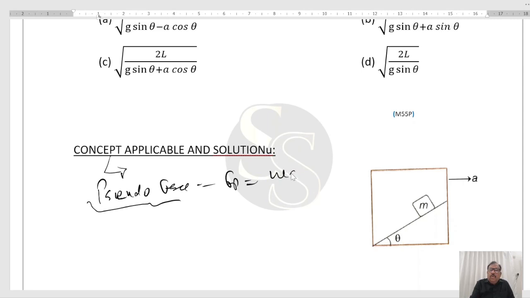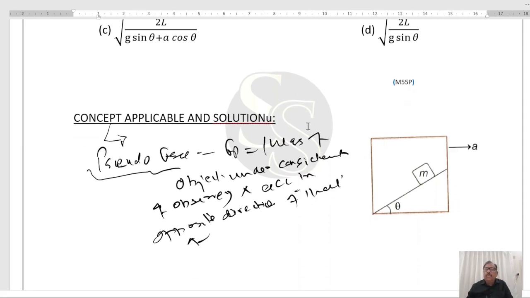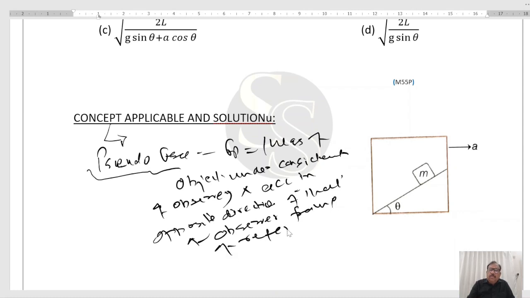That is equal to the mass of the object under consideration of the observer into the acceleration in the opposite direction of that of the observer frame of reference. Right? This is regarding the force.